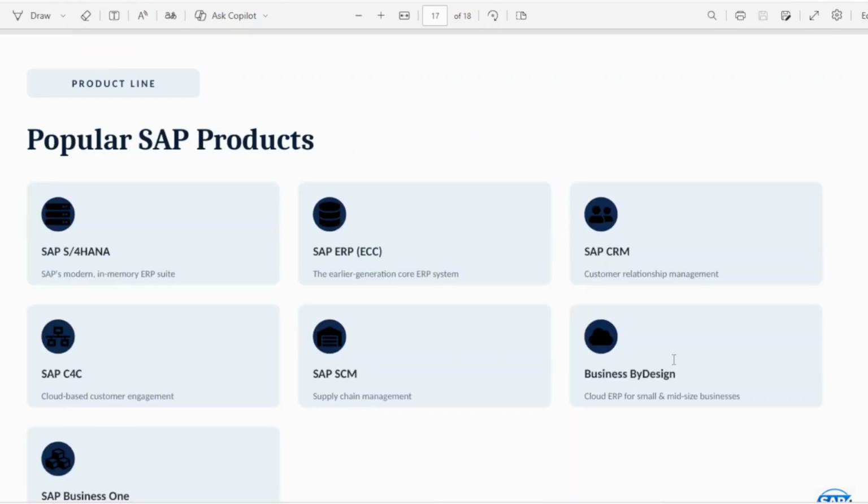Next are SAP's popular products that SAP has released recently or in the early days.